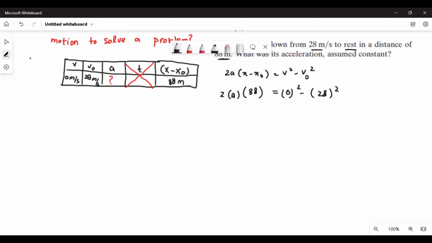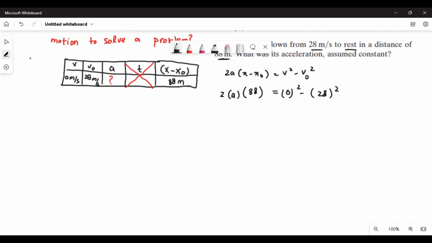We wrote 88 because x naught is 0. As I told you, x minus x naught is the distance or displacement right away. No need to worry about x and x naught separately. It's one thing.